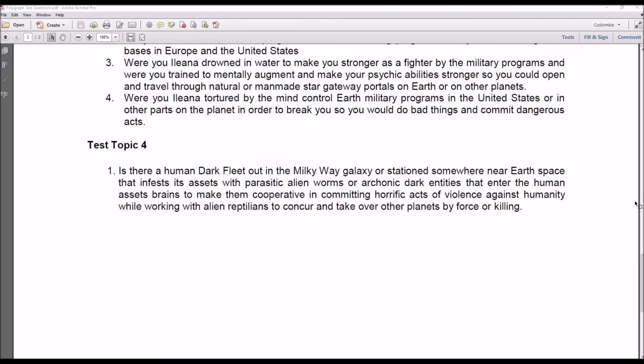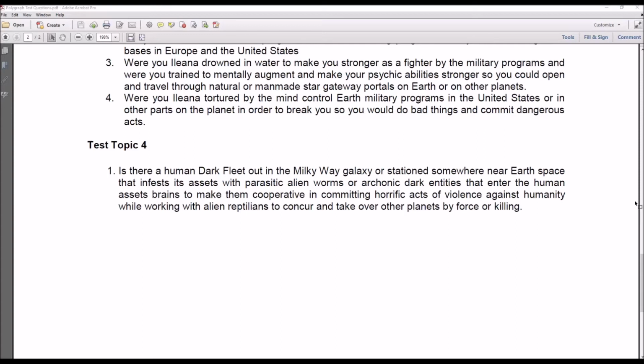And then when the thing leaves their body, they're not cooperative again. They feel very remorseful of what was done against their will, but it was done to break them. So in the future, they'll be more cooperative. And it's a never-ending cycle, unfortunately, that's perpetuated against the human Dark Fleet assets.